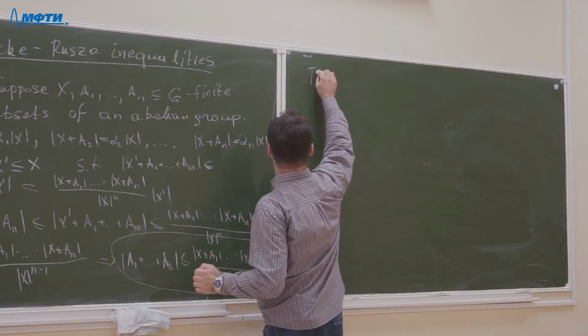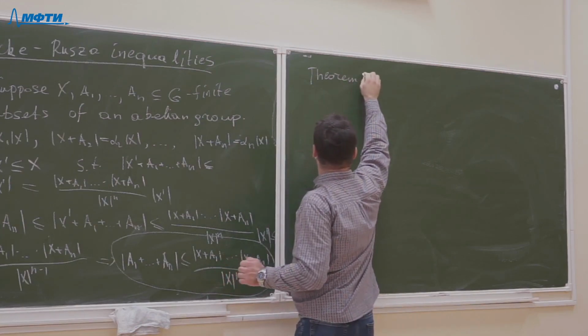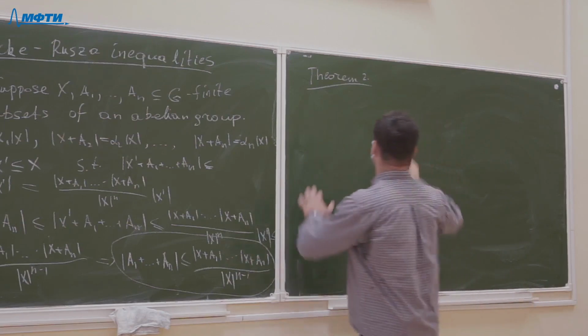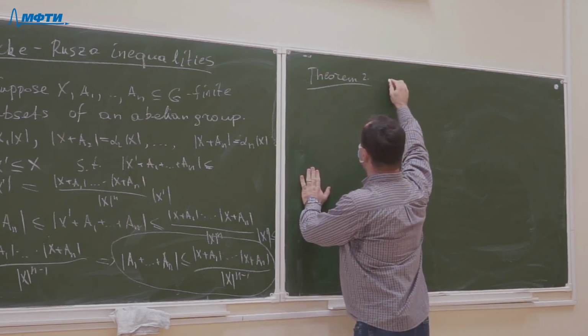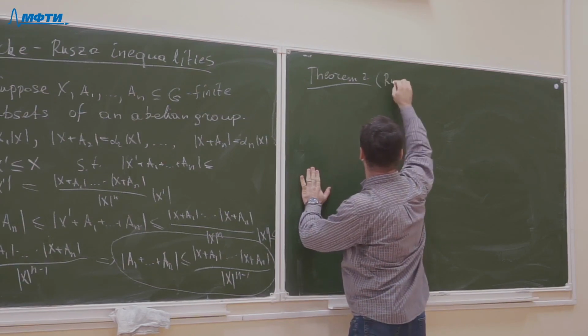The first theorem we prove is the Ruzsa triangle inequality.